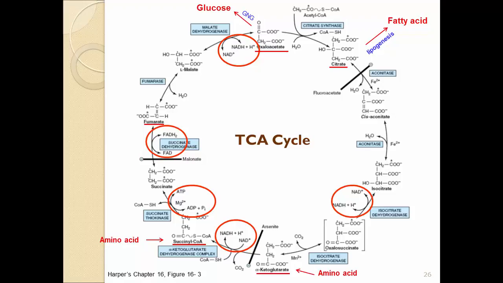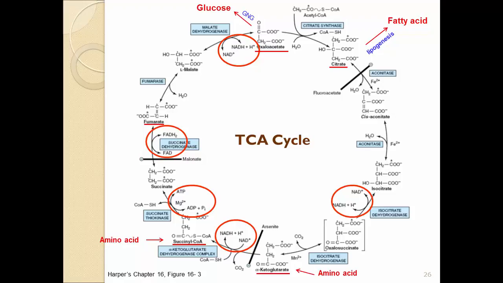And then you see 1, 2, 3 NADH and 1 FADH2, right? So you calculate it, and because this is all in the mitochondria, each NADH will generate 3 ATPs, right? So 3 times 3, 9 ATPs from 3 molecules of NADH, and 2 from FADH2, so 11, 11 plus 1 ATP, so 12. So 12 ATPs are produced from the TCA cycle.